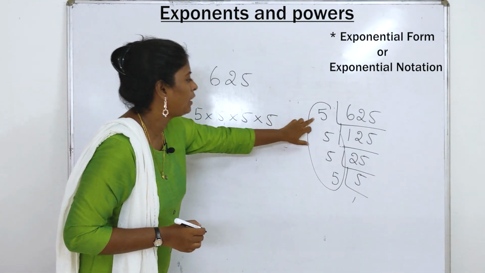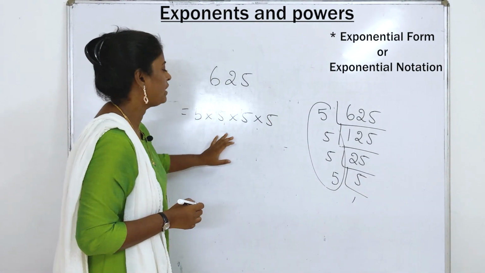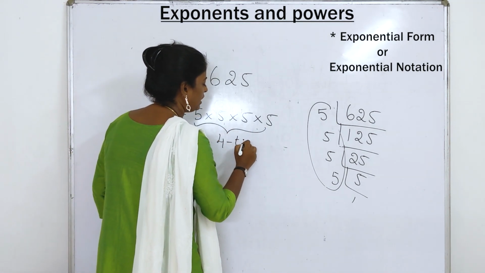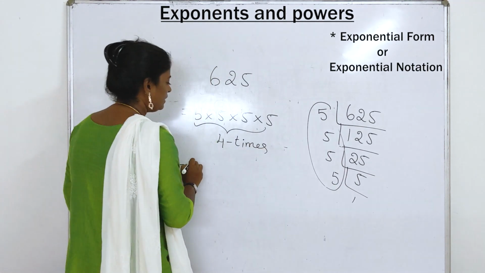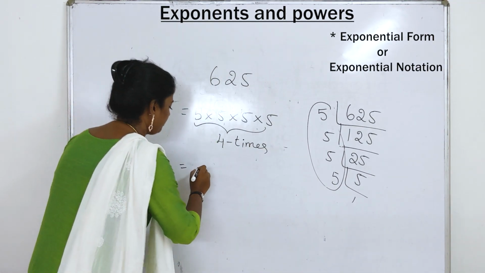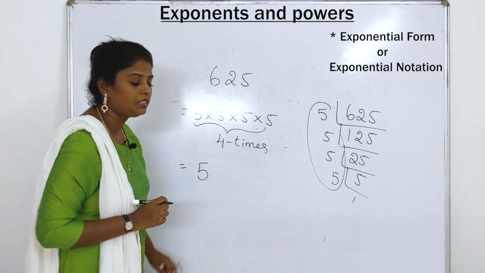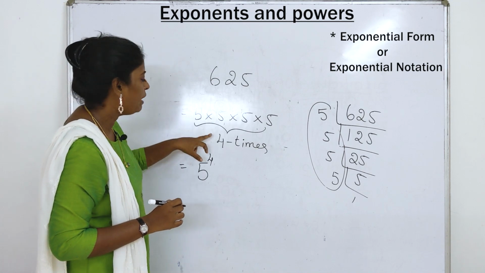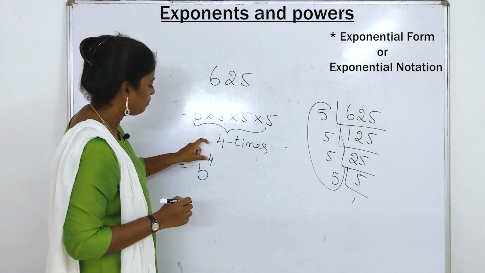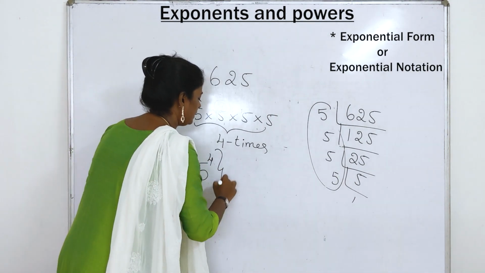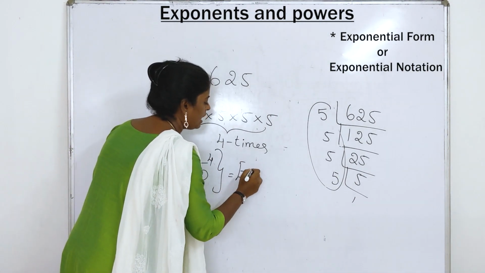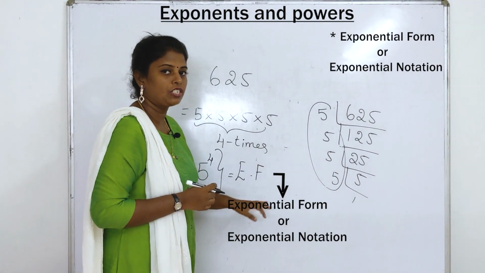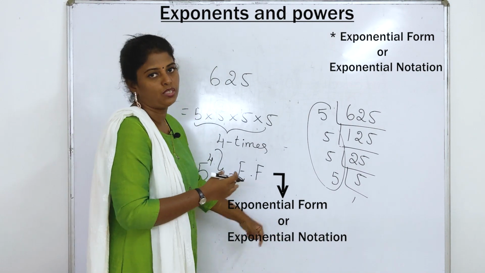So 4 fives are here, and we are multiplying 5 by 4 times. So we can write the base as 5 and the power is 4, because we are multiplying the base 5 by 4 times. So 5 to the power 4, and this is in exponential form or exponential notation.